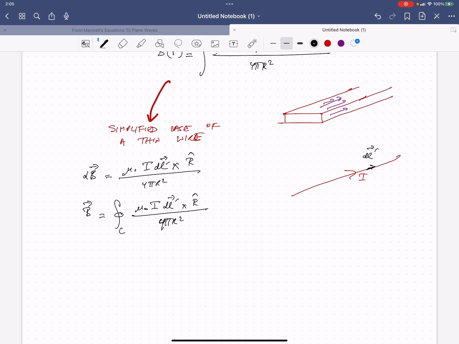So again, this is the simplified equation for when a thin wire carries current.